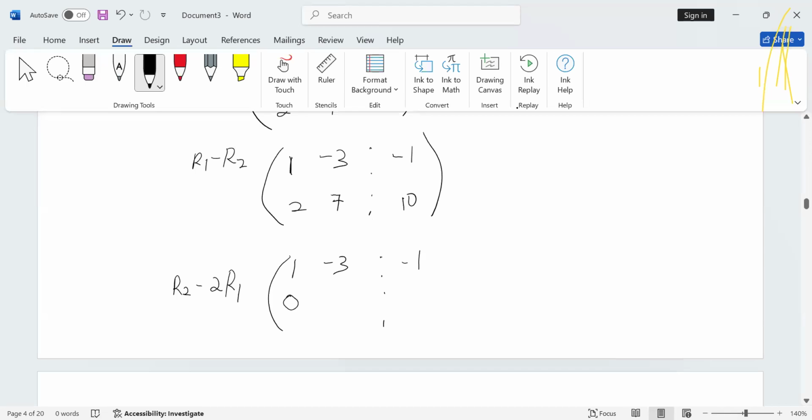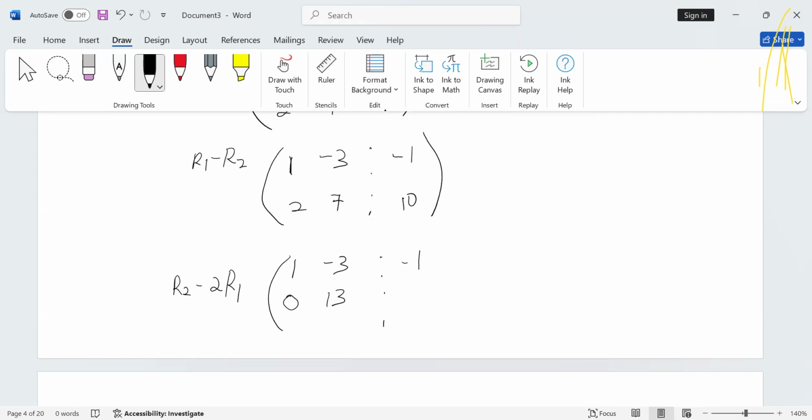R2, 7 here, minus 2 times this one. 2 times that is 6. So 7 minus this is 13. Here is a negative, and you're multiplying 2 times R1. R1 is negative, and there's a negative. So you have 7 minus 6.